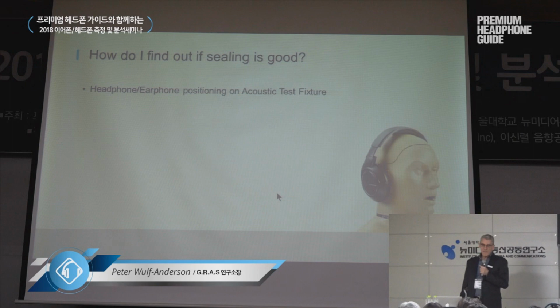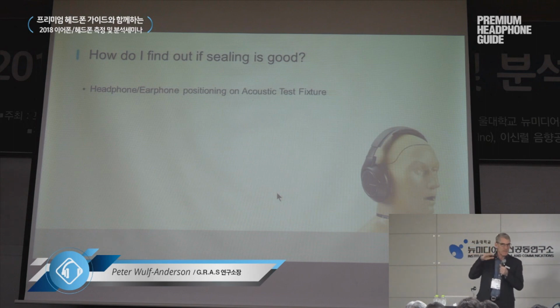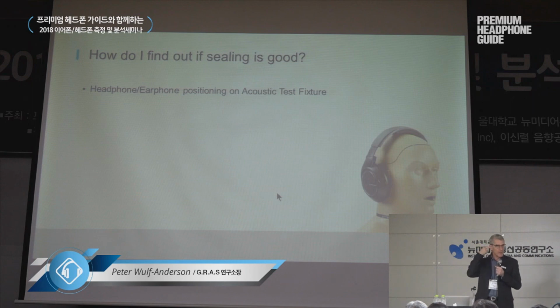I talked briefly about sealing. We know that both for the big phones but also for the in-ear phones, if you do not have a good sealing, the low frequency response, the bass, will be quite poor. So normally when we wear headphones, we try to position the headphone or in the ear to make sure we have a good seal so we can hear all the deep notes, the bass tones.